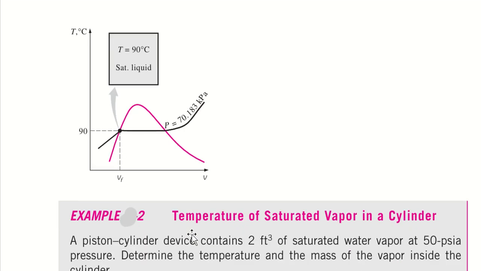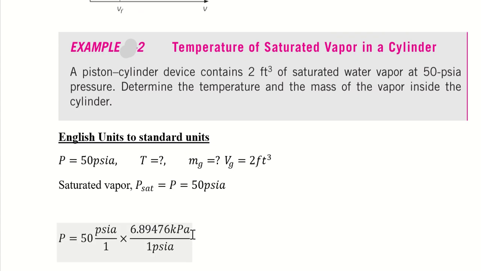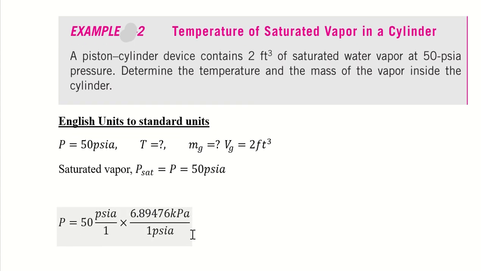So let's go over example 2: temperature of saturated vapor in a cylinder. The question goes: a piston cylinder contains 2 feet cubed of saturated water vapor at 50 psi pressure. Determine the temperature and the mass of the vapor inside the cylinder.